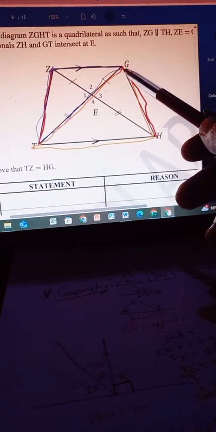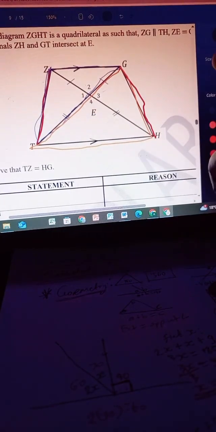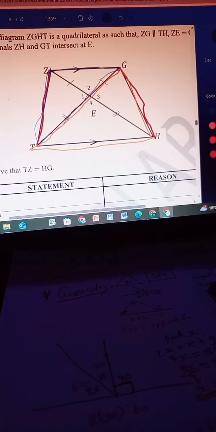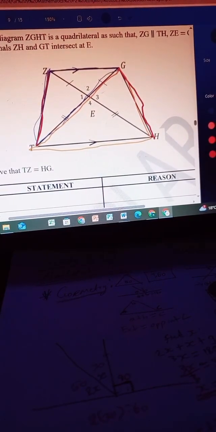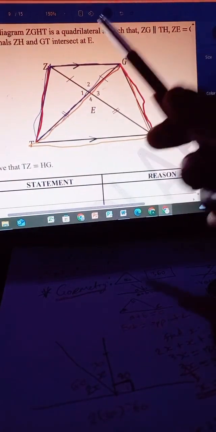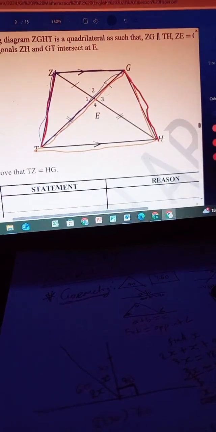All right. So number one, we are saying ZE, let me write it down, ZE is equal to GE.